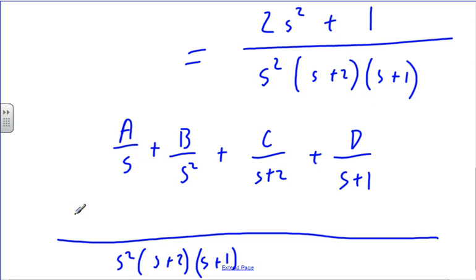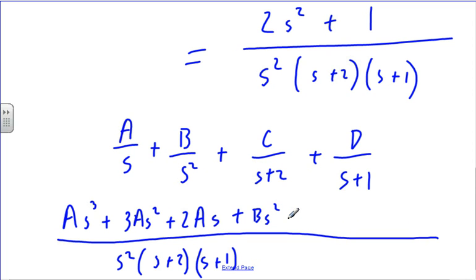So I'm going to have an a s cubed plus 3 as squared plus 2as plus bs squared plus 3bs plus 2b plus c s squared plus d s squared.